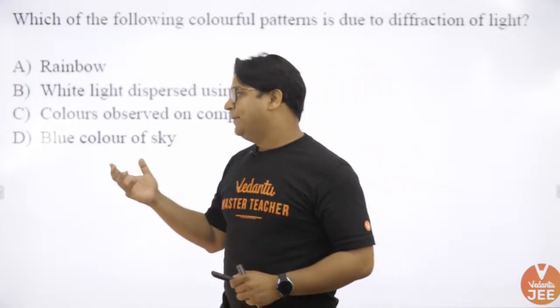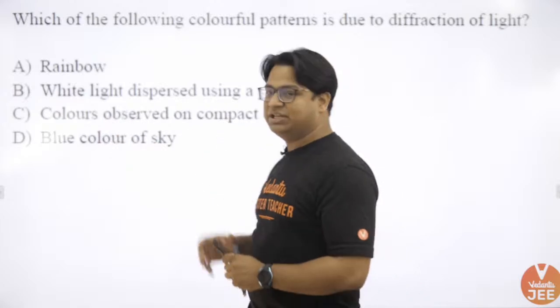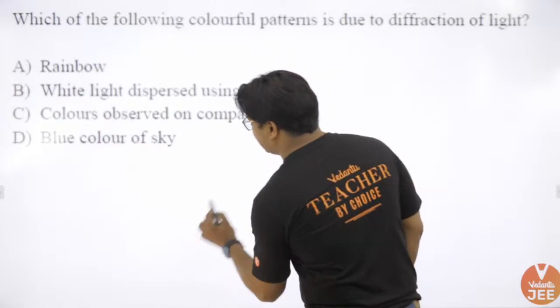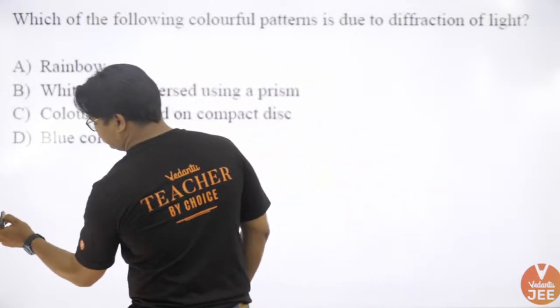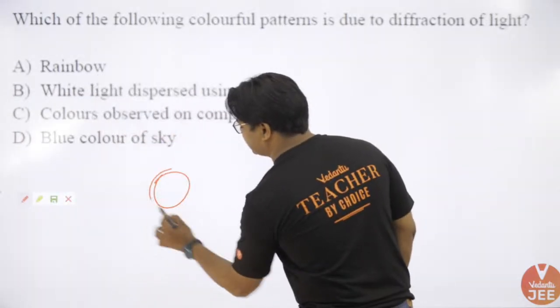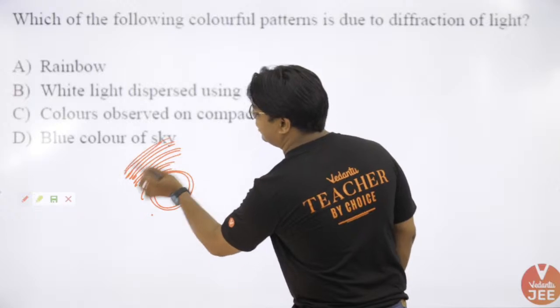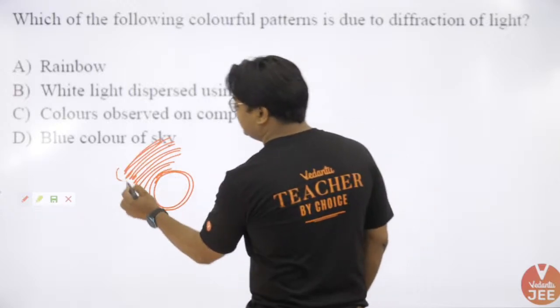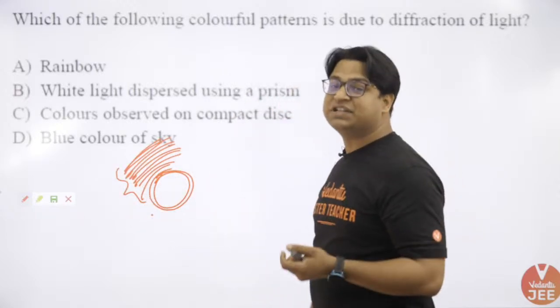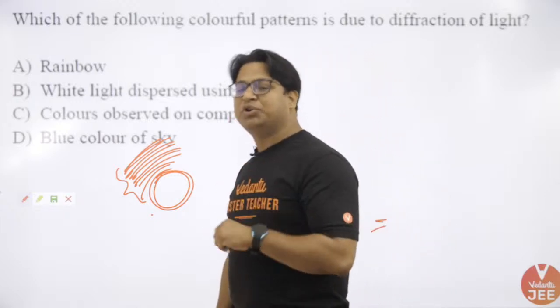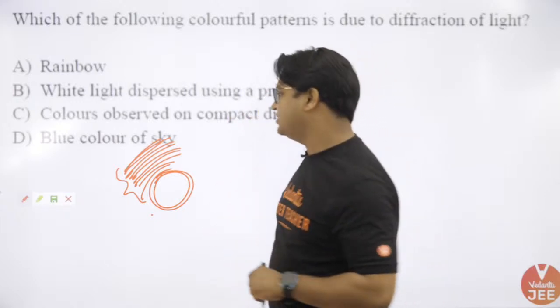So guys, the colors that you see in a CD or DVD: there are very close, very fine grooves. These act as a large number of slits, and they produce diffraction or interference patterns.